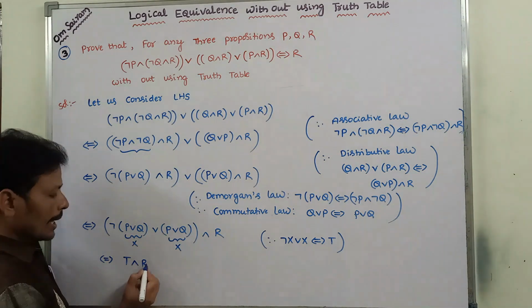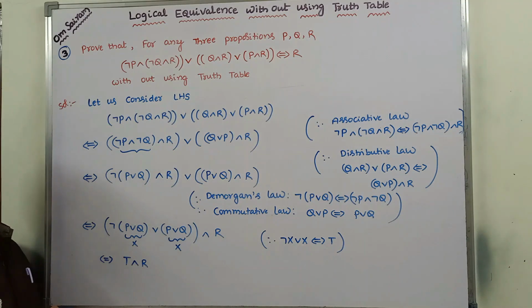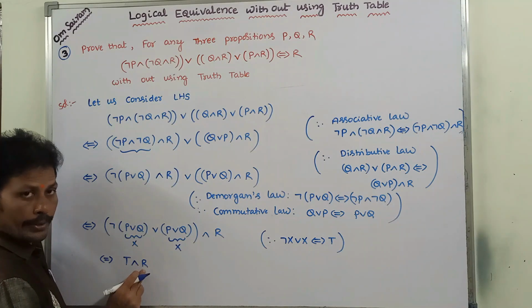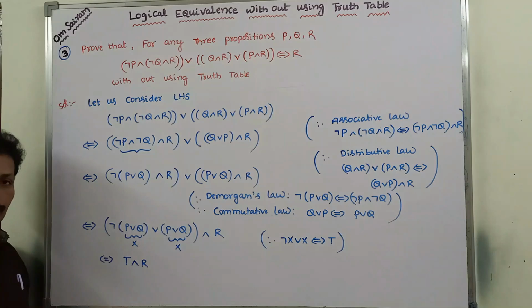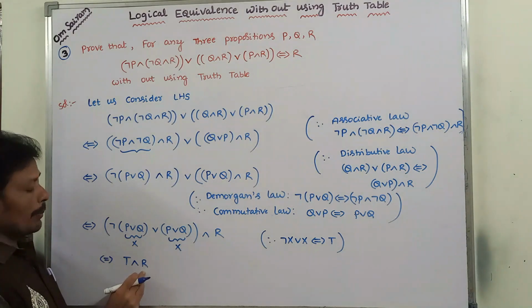Next, what are we getting? True and R. Okay. In the place of R, we are substituting true value. So after substituting true value in the place of R, we are getting true and true, which is nothing but true. We are substituting false value in the place of R. So we are getting true and false.